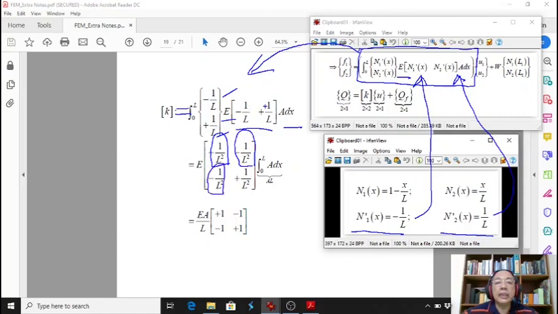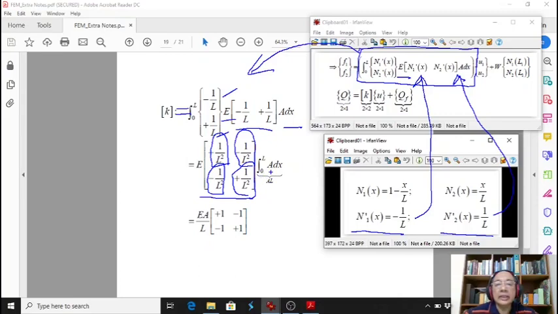We have no x function here, so we can move it out of the integral. The integral is now from 0 to L of A dx.